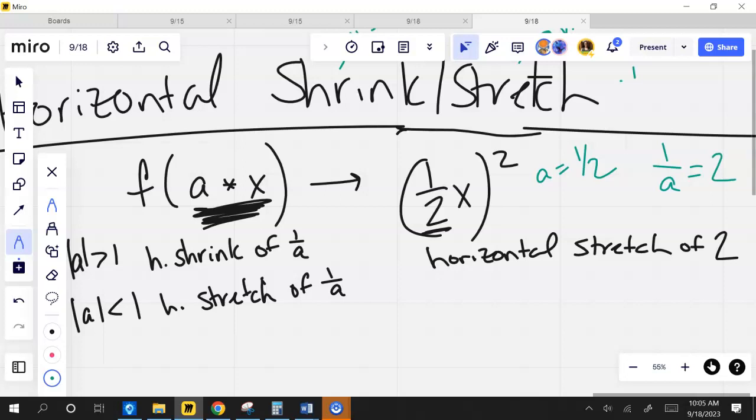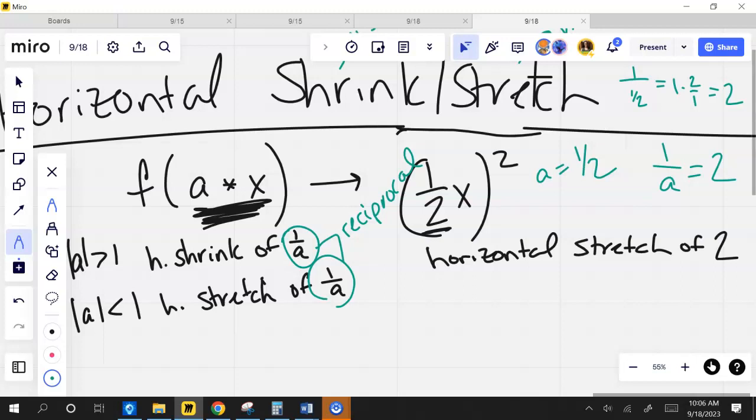1 over 1/2. You never divide by a fraction. Instead, you multiply by the reciprocal, right? So you do top times, flip to the bottom. Yeah, A is the reciprocal, so it's 1 over A. So since half is the original fraction, the reciprocal will be 2 over 1.